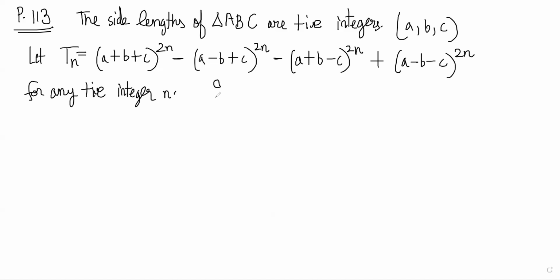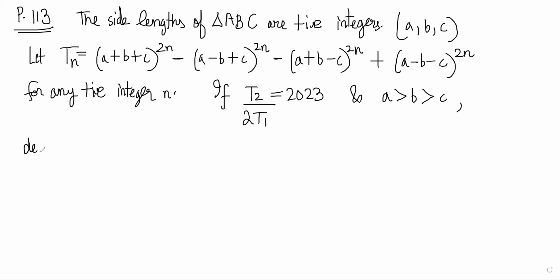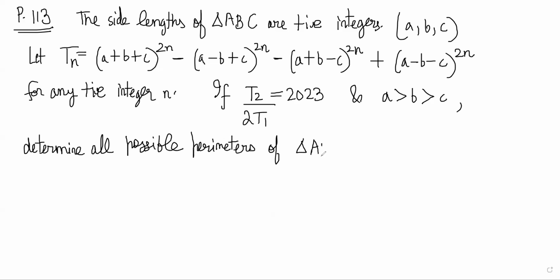We have, if T(2) by 2T(1) is equal to 2023 and a is greater than b is greater than c, determine all possible perimeters of triangle ABC.